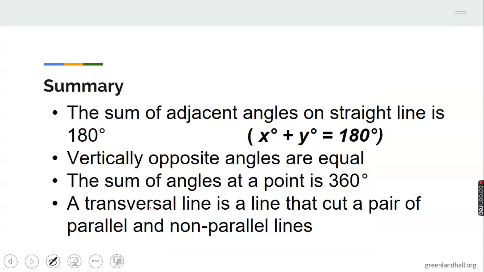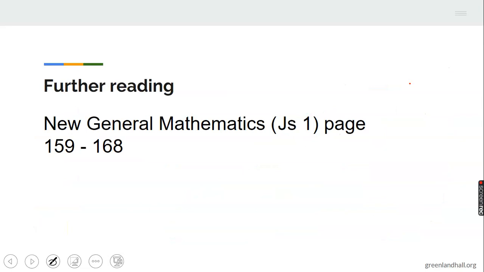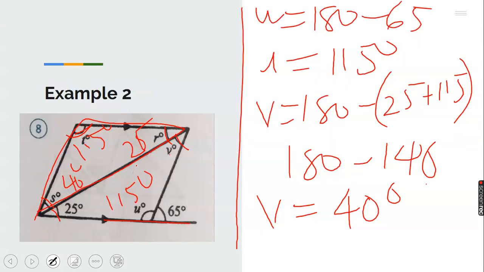This is the summary of what we just did. For further reading, consult your New General Mathematics, JSS1, pages 159 to 169. But let's quickly go back to what we have here.